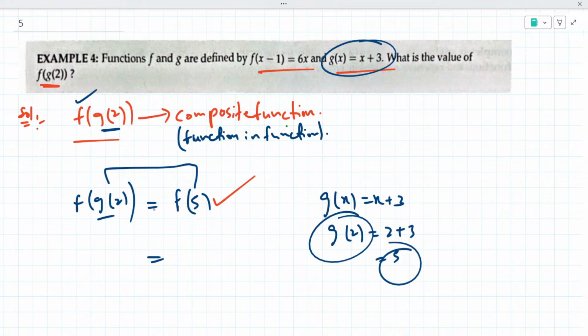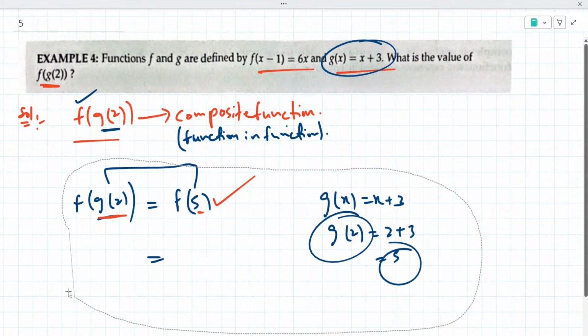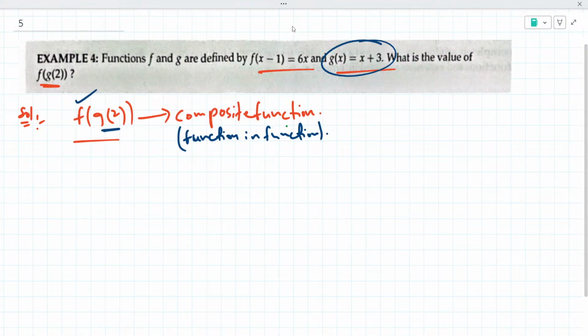Okay, fine. Are you okay till this part? g of 2 is 5. I'll just redo it, better to solve it simply. Here we have to find f of g of 2. First I'll find g of 2.